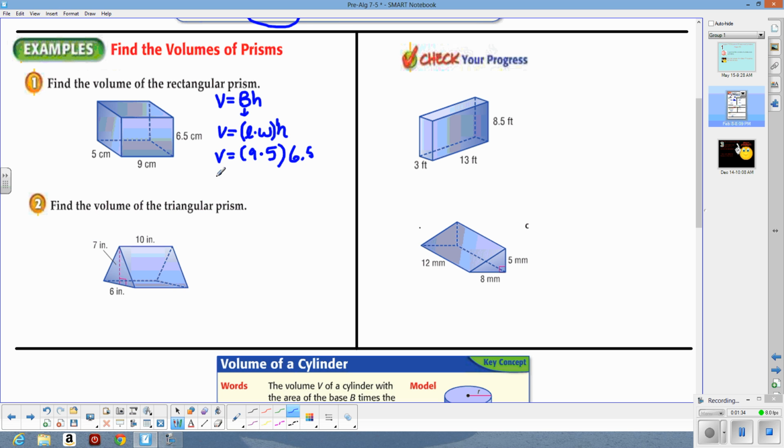Now you'll multiply those together. 9 times 5 times 6.5 is 292. And then to the nearest tenth, it would be 0.5 or 5 tenths. 292 and 5 tenths centimeters cubed.